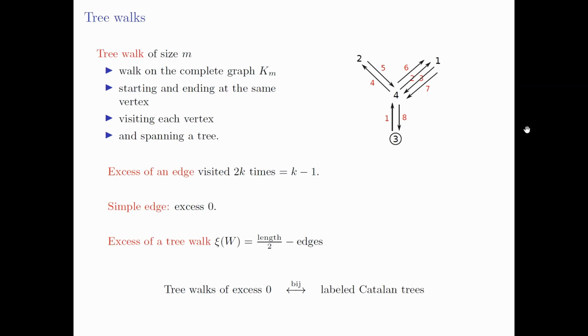So this gives us a unique embedding in the case of excess 0. So actually, tree walks of excess 0 correspond to Catalan trees plus labelings on the vertices. Because of that, the exponential generating function of tree walks of excess 0 is equal to the ordinary generating function of Catalan numbers.